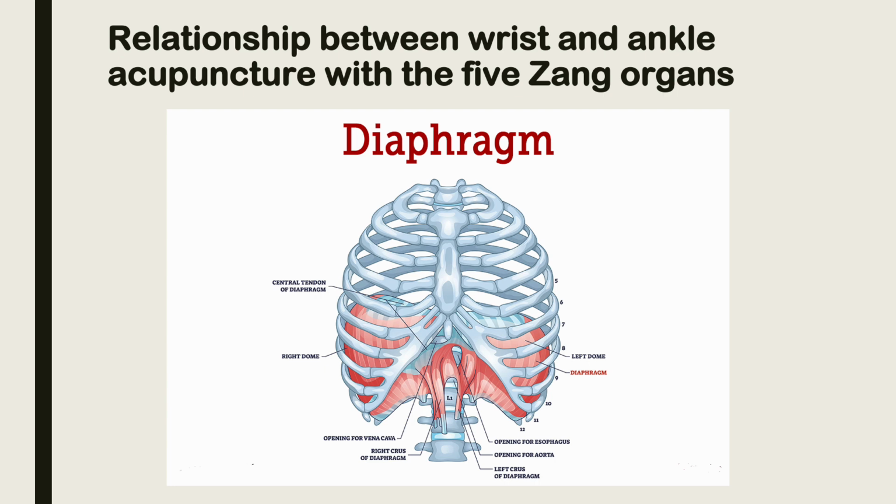Wrist and ankle acupuncture has a close relationship with the whole body, as well as the 5 Zang and 6 Fu organs. Also, the wrist and ankle acupuncture points have a total of 12 stimulation points, all located around the wrist and ankles, which are the root areas of the meridian system and can treat diseases of the whole body.